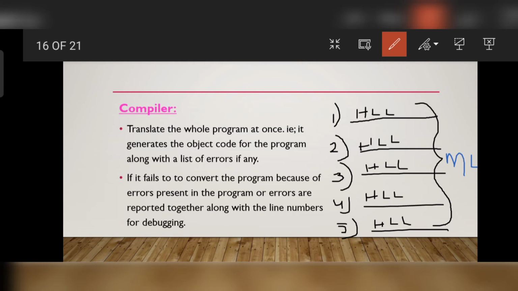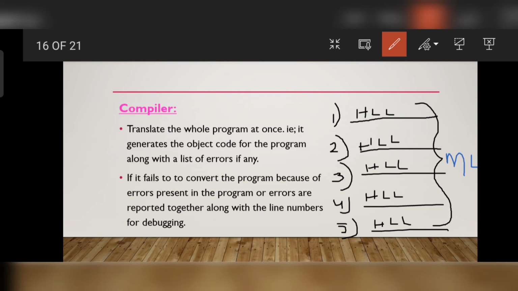So once we enter the whole program, then the compiler will translate the whole program at once into the machine language code. It will not follow any line by line translation and execution. Only it will translate the entire program at once, okay.